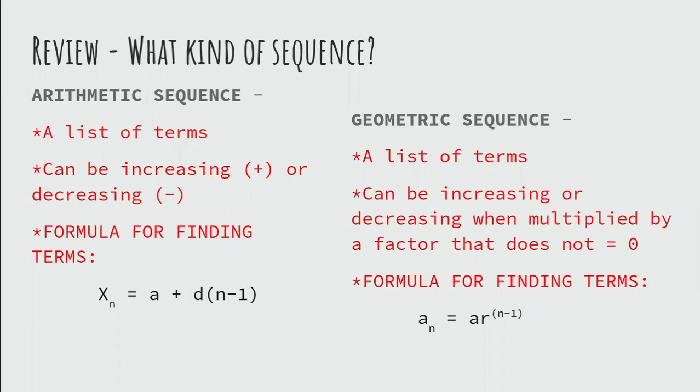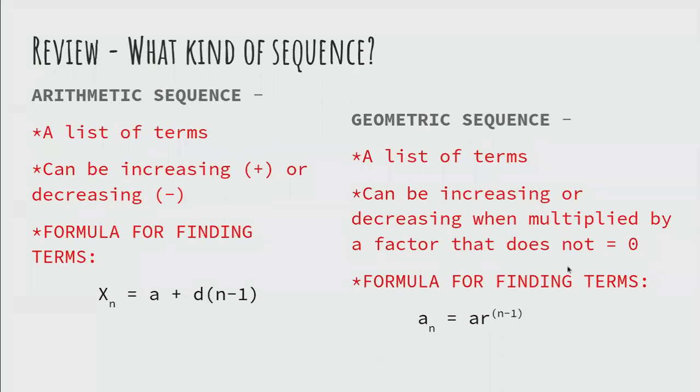And then there is a formula for each, because what we've been doing is finding those terms that are close to or no more than 10 terms of a sequence. But there are times when you may need to know a term further down in the sequence.